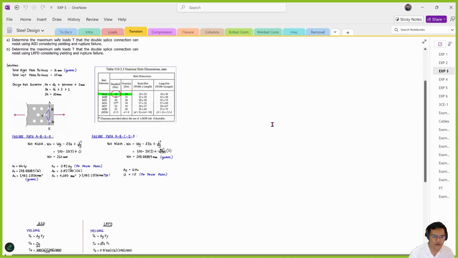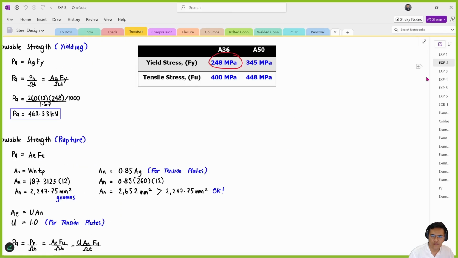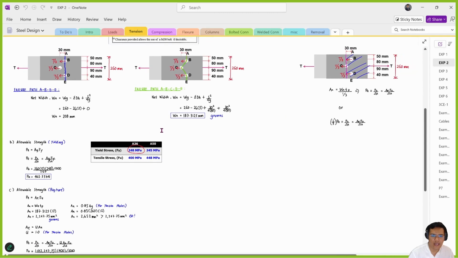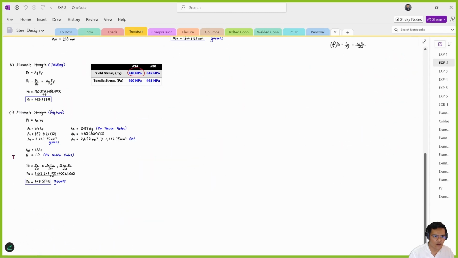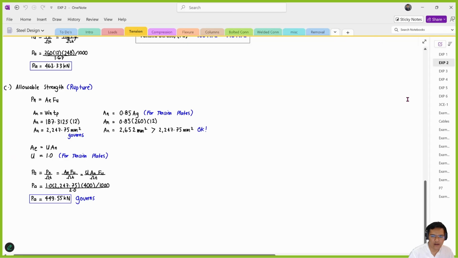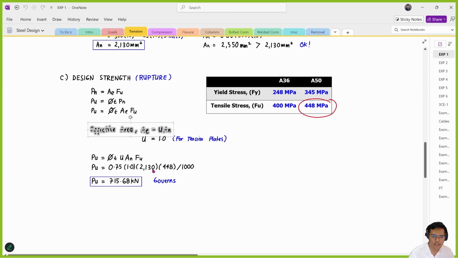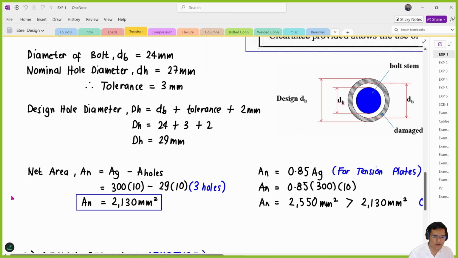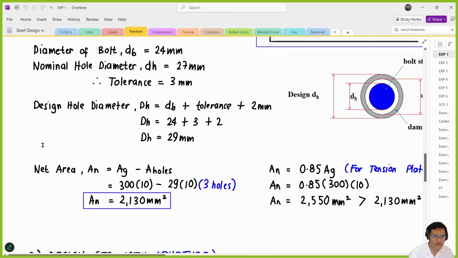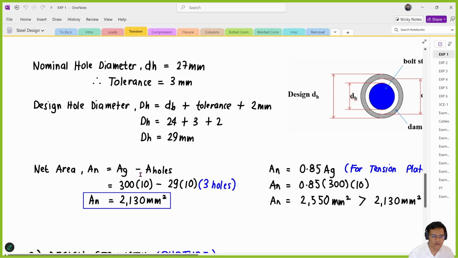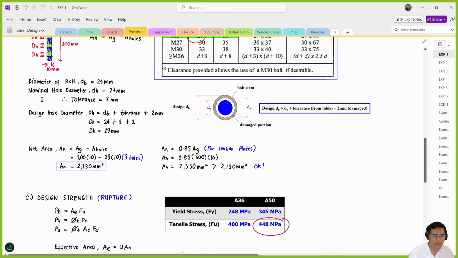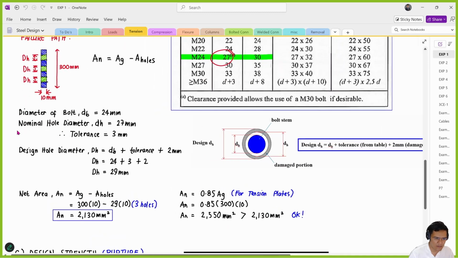Ano ba yung formula na yun? Yun yung generic formula, no? Na ang sabi, the net area is equal to area gross minus area ng holes. I think na-present ko siya on first problem. Yeah, this one, the net area is equal to area gross minus area of holes. Might as well copy itong mga to kasi parang mauulit lang.